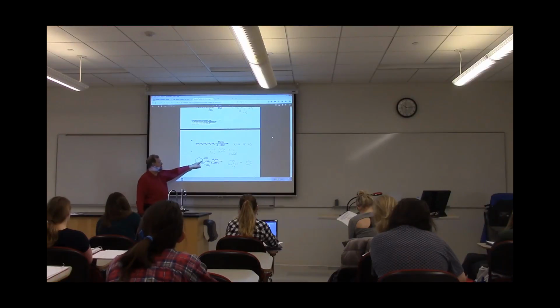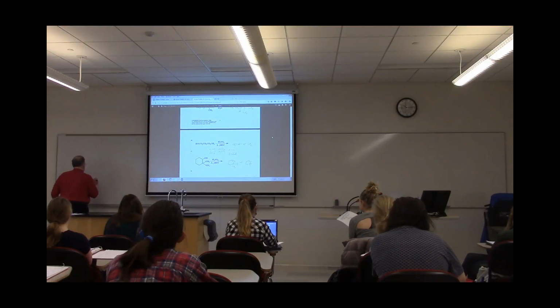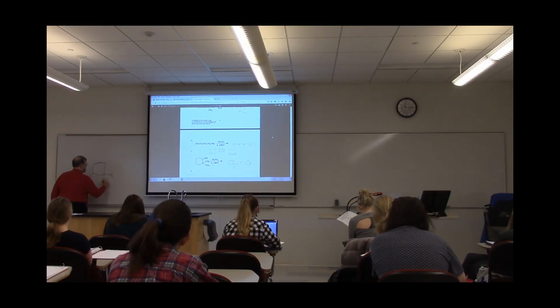If we look at this adjacent carbon, how many hydrogens on it? One, two, three, four. Four minus four is zero, so you cannot form a double bond. I have to force my hand to do this because it's saying, no, don't.